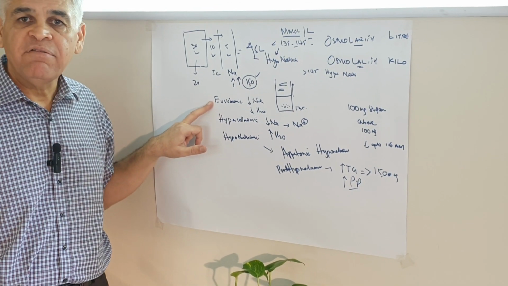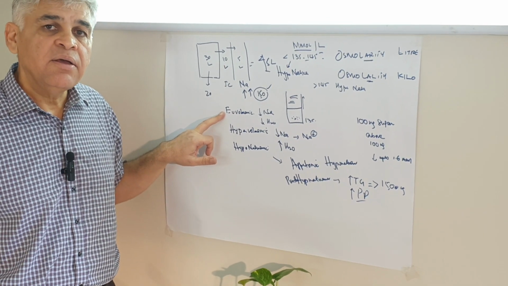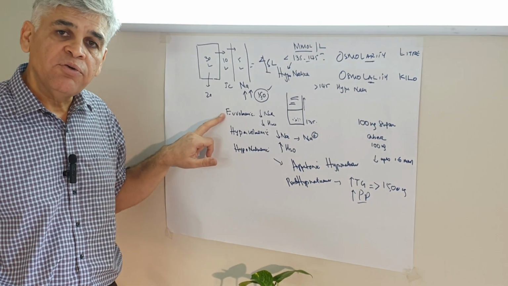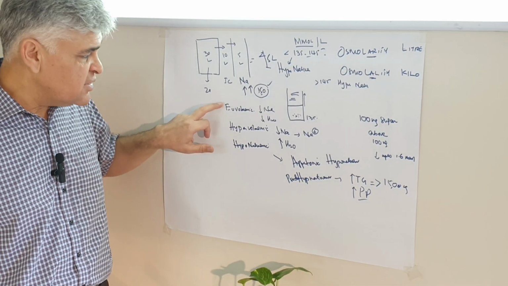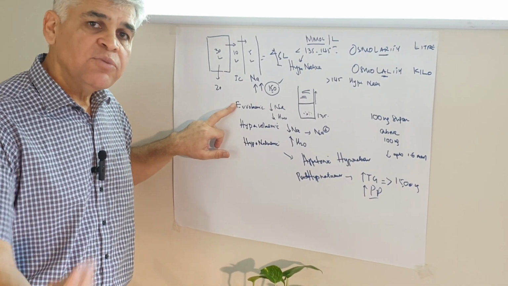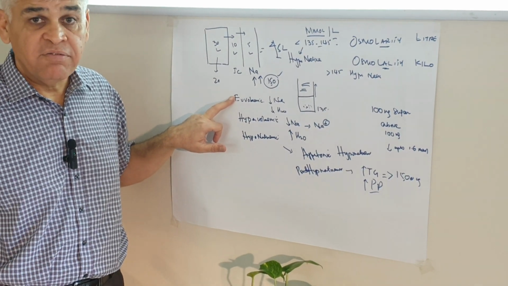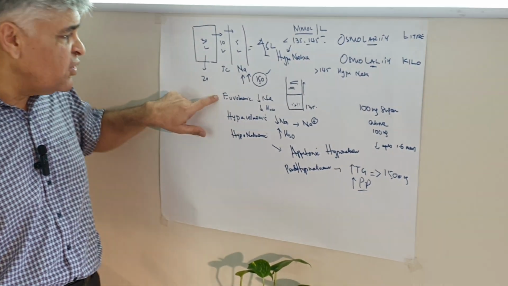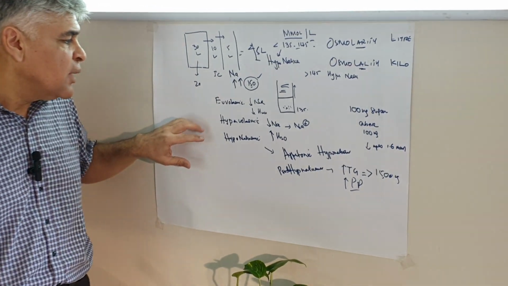The patient may have signs of dehydration, may have a high pulse rate, may have a postural drop, may have very low skin turgor. So you have to make sure this is the case. Give them normal saline. If they can take salt and water orally, fair enough. If they can't, then give them normal saline. And the treatment for hypovolemic hyponatremia is by giving them sodium chloride.